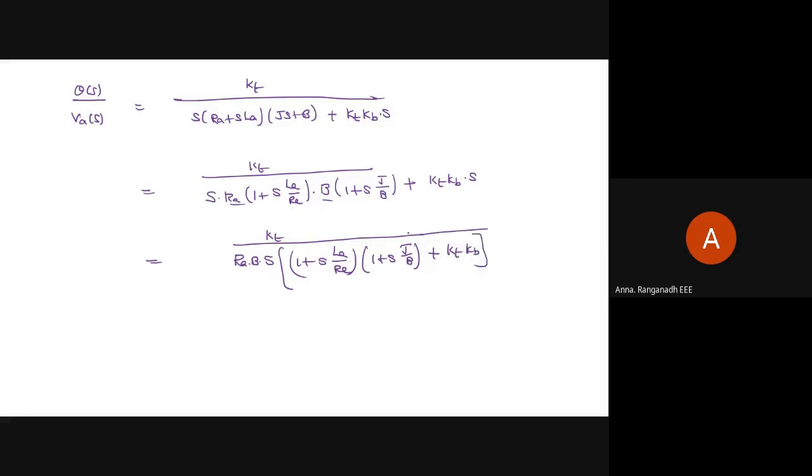Now this may be written as Kt by Ra into B, by s into 1 plus s tau A into 1 plus s tau M, plus Kt into Kb by Ra into B.